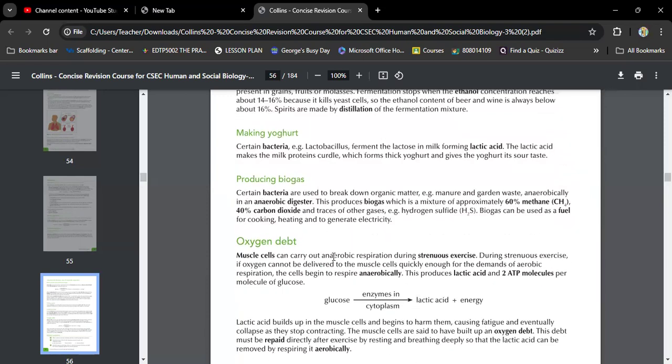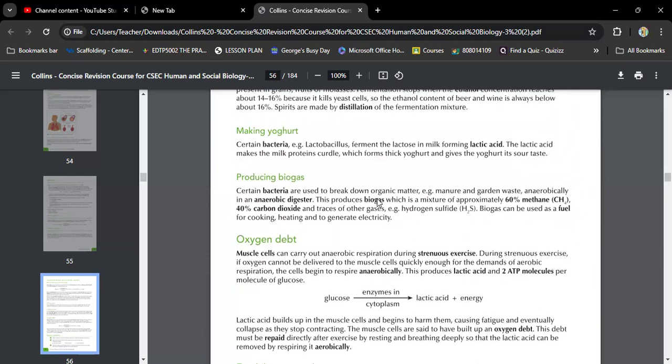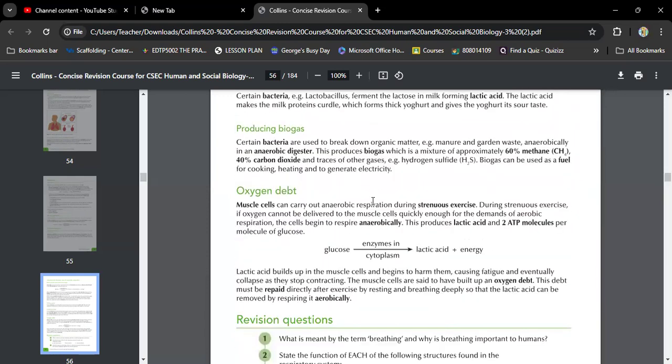Making yogurt. So yogurt, I don't know if you're aware of this, but yogurt contains a lot of bacteria, but good bacteria, which helps your gut, right? We also have producing biogas. So biogas, this kind of links back to agriculture. So biogas or using a biodigester involves breaking down animal waste, right? So certain bacteria are used to break down organic matter such as manure and garden waste anaerobically in an anaerobic digester, or what is known as a biogas digester.